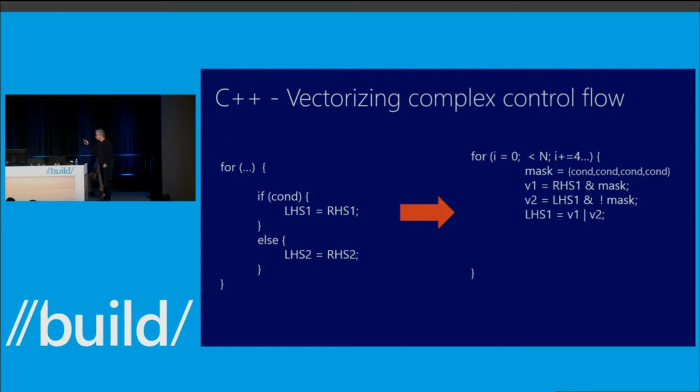We'll have 2 vector registers, vector 1 and vector 2, and we'll use the mask as shown on the slide. So for the true side, you get values out of the right-hand side, and where the mask was false, you'll use the left-hand side, and then we'll OR those together. And then for the left-hand side too, it's going to be the inverse of that.